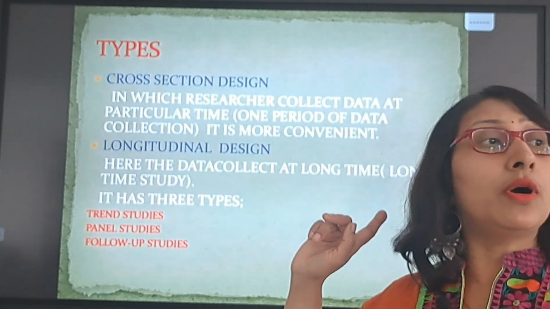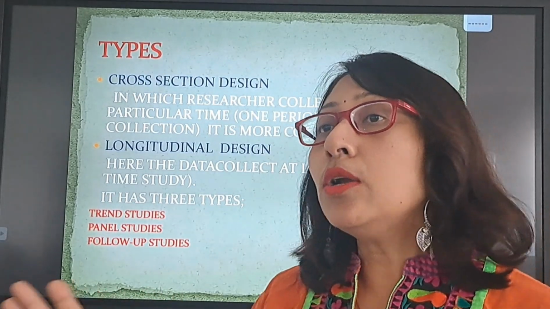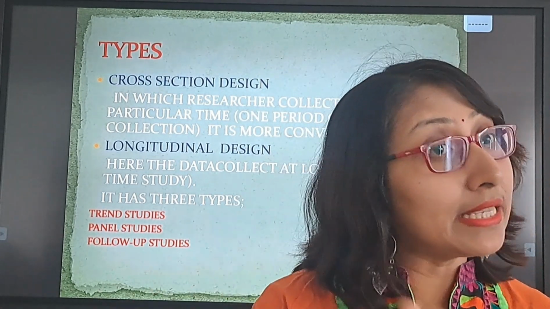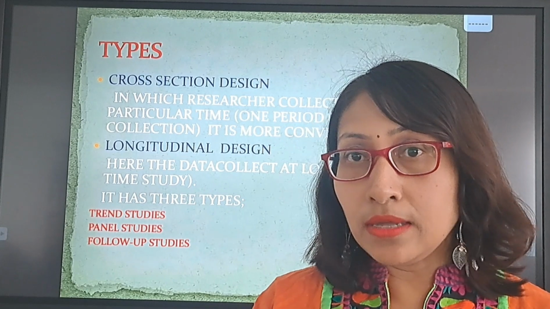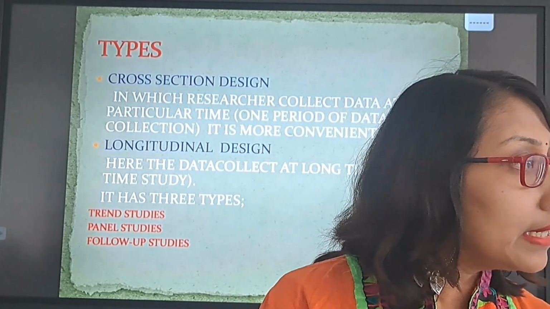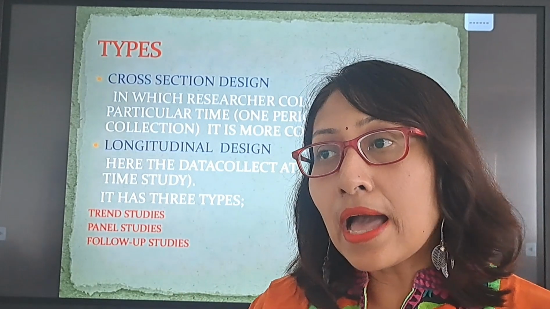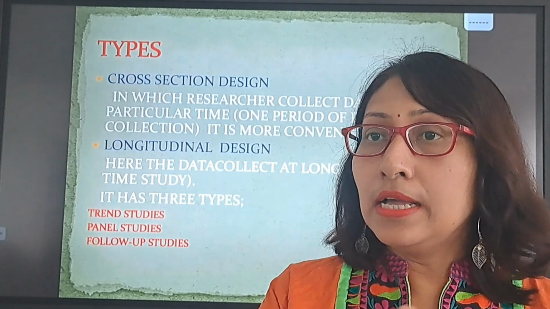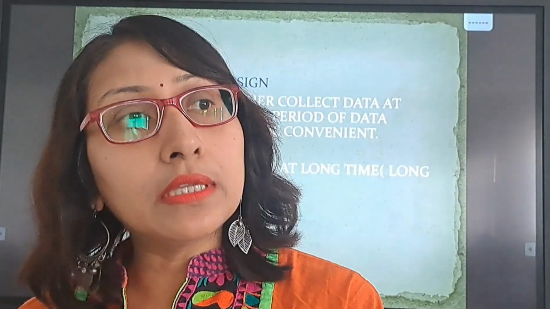Is it clear? But in case of cross-sectional, what was it? Reference to the time. You are not waiting for an extended period of time to collect the data from the same samples, right from first trimester till the last trimester. So you are collecting the data by having samples of different groups. Some are from first trimester, some are from second, some are from third trimester.